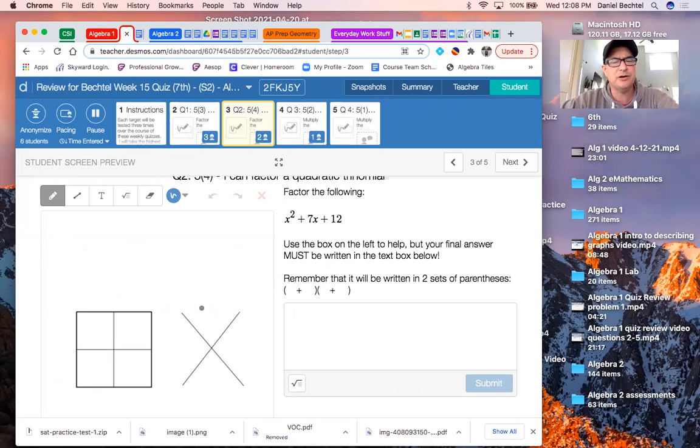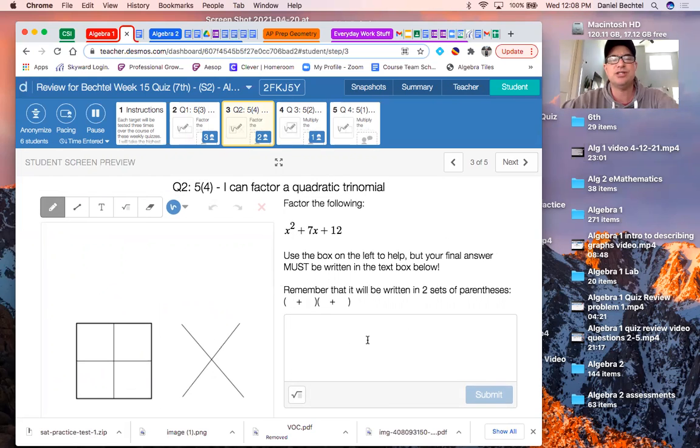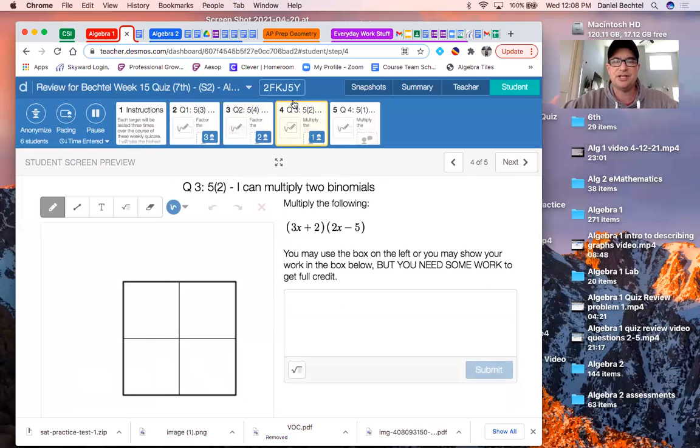What I want to do here, we're going to be factoring this using the box and the X. It has been a little bit since we've done this. It's been since last week. I want to come back and do this, but what I want to do first, I want to go to this 4th slide to question 3 about multiplying the binomials, because I think if we can start here, it might be easier for us to go back and understand what we have to do with the other one, okay?